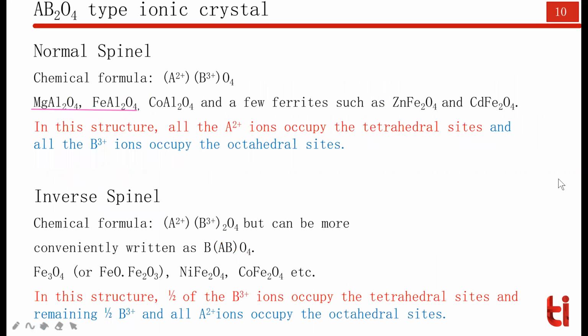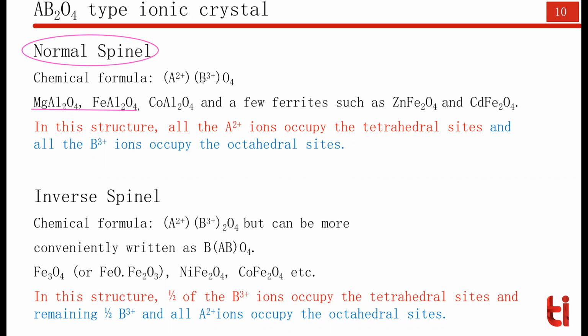Okay, so what I was explaining was spinels are of two types. One is called the normal spinel. The other one is called the inverse spinel. So what is the difference between the two? In the normal spinel, you have chemical formula A2+ B3+ O4.